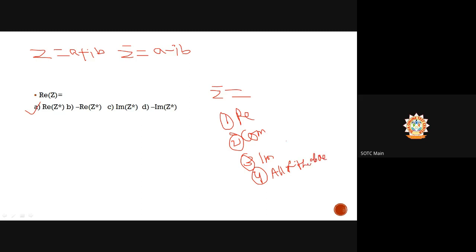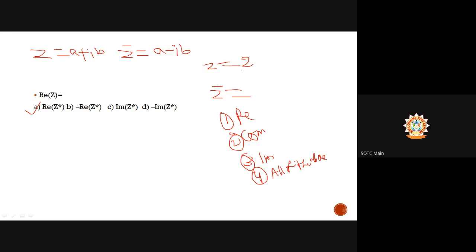If z is a real number, then z bar is equal to... Real, sir. Very good. Real is correct.